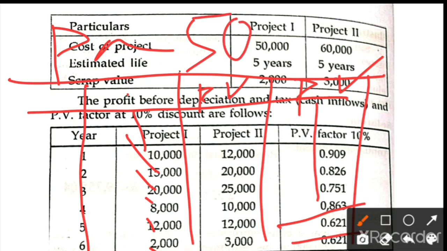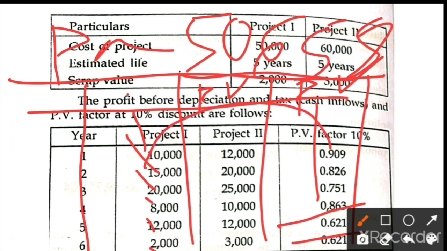I am not telling NPV, I am giving you present value, 50,658. After that we get project 1 into PV factor. Don't consider project 2. Project 2 will be helpful at the time of calculation of the NPV of project 2. Now we are calculating only project 1. Is it clear? So project 1 into PV factor, the total of this will be 50,658.